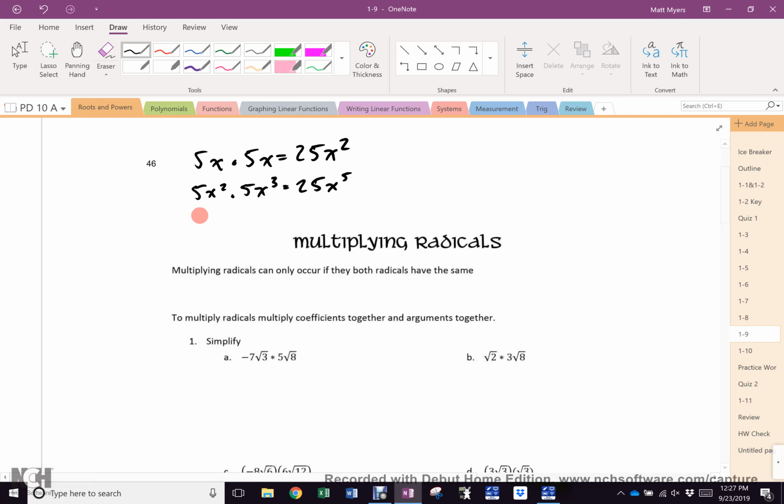What is 3y cubed times 4y to the fifth? Excellent. And lastly, what is 3x times 4y? 12xy.